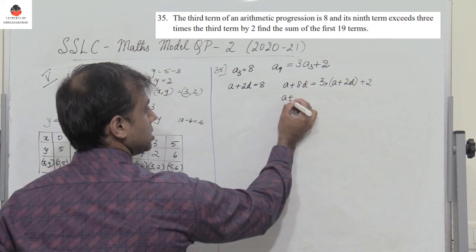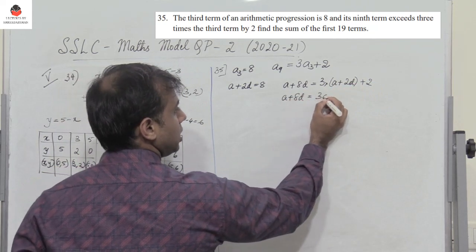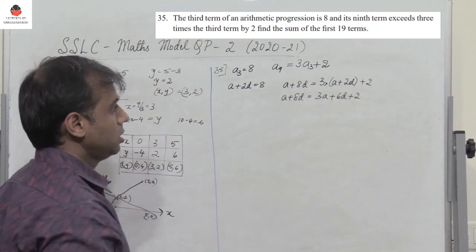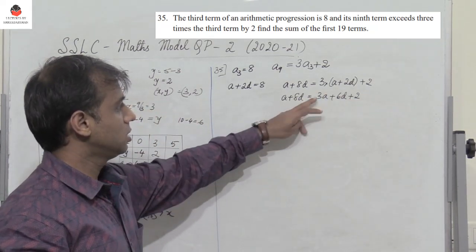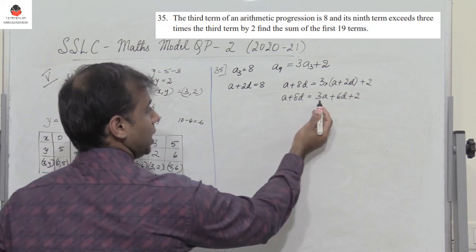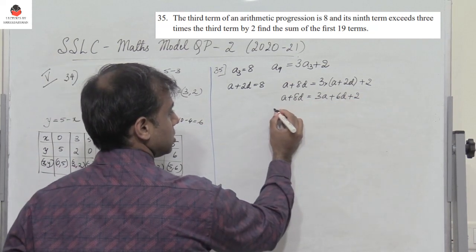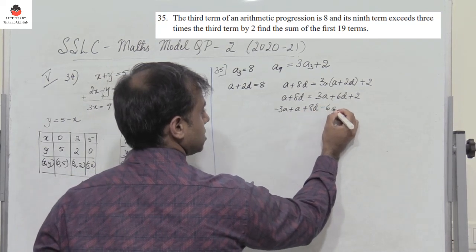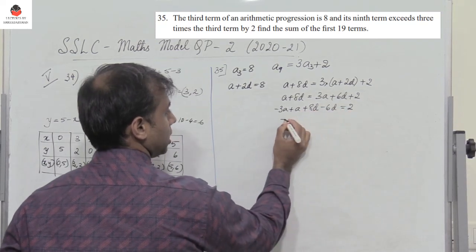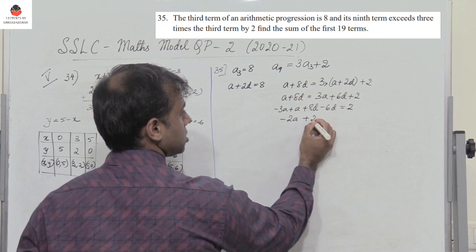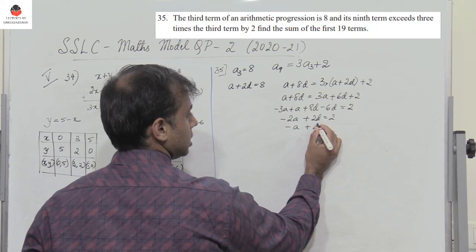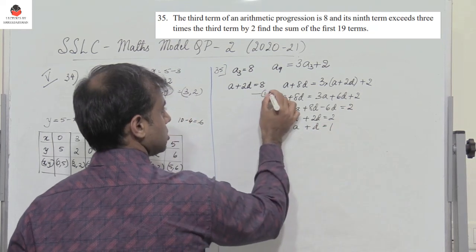So I have A plus 8D equals 3A plus 6D plus 2. Alright, so now let me bring all the terms to LHS. So minus 3A plus A plus 8D minus 6D equals 2. So I get minus 2A plus 2D equals 2, or minus A plus D equals 1. So I call this as 1 and 2.